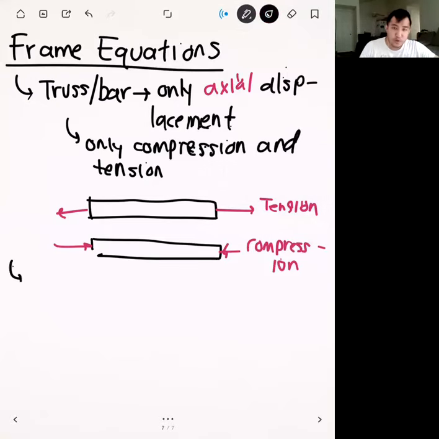And so the other one that we went over was beams. What was unique about beams is that they could displace in both the transverse direction and also they could rotate, or have local rotations.